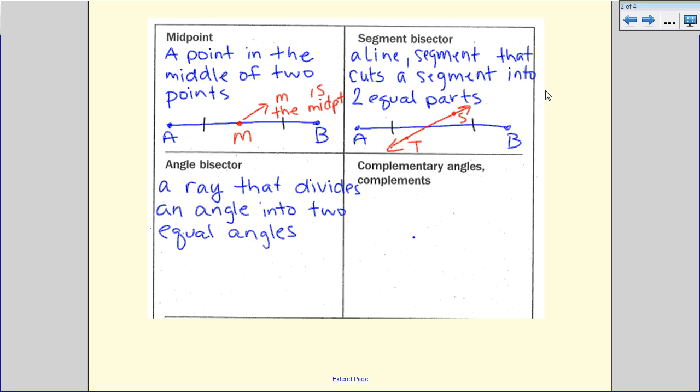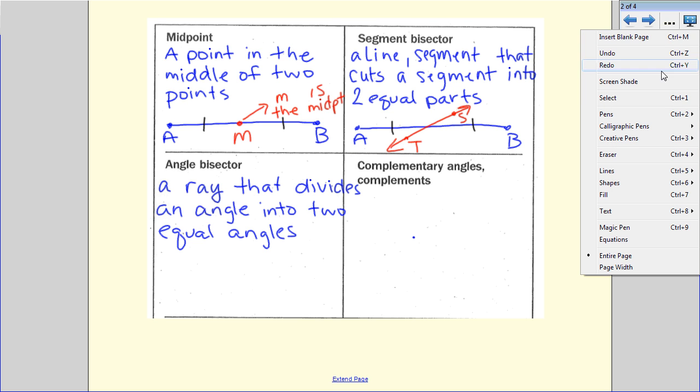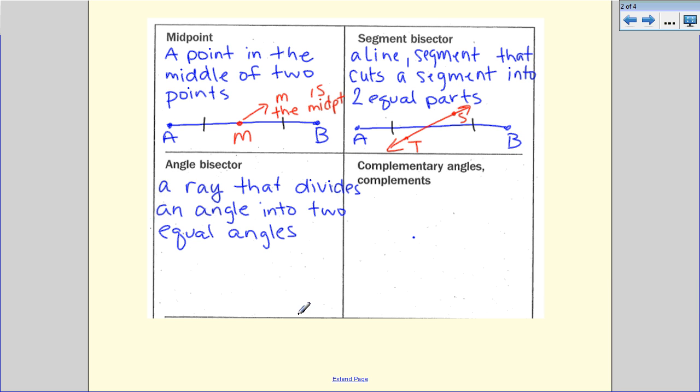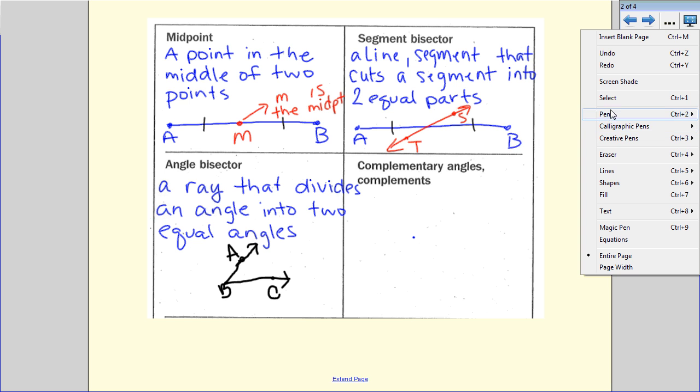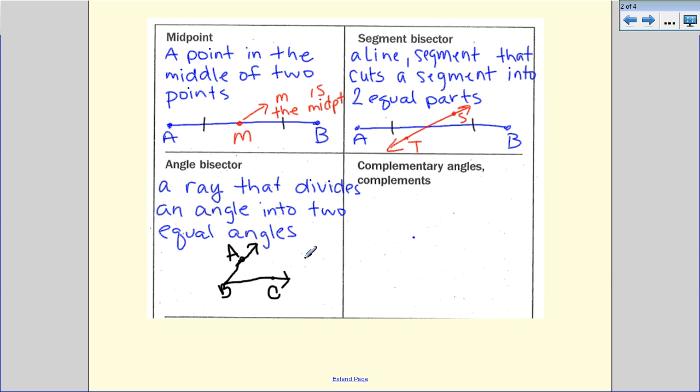Okay, so if we take a look at this, what this means is that we have an angle and we can call that angle A, B at the vertex, and then C. And then what we're going to add into it is a ray BD.